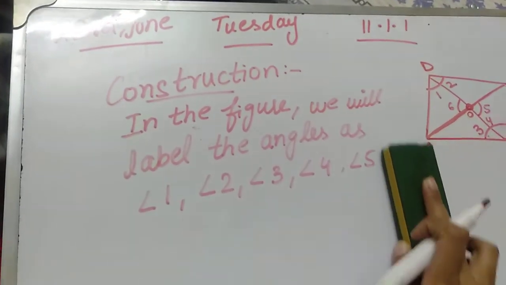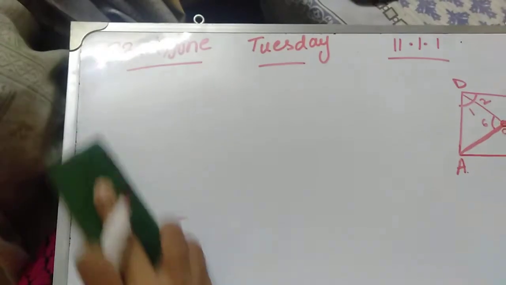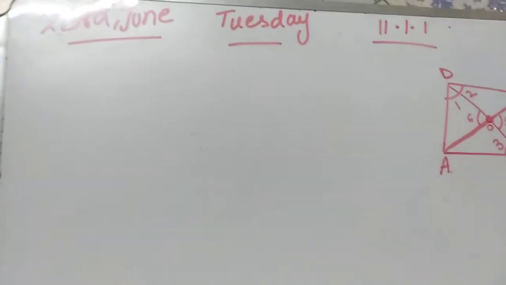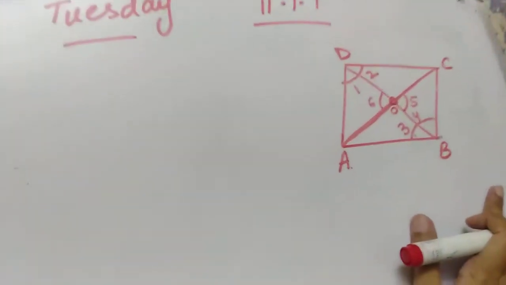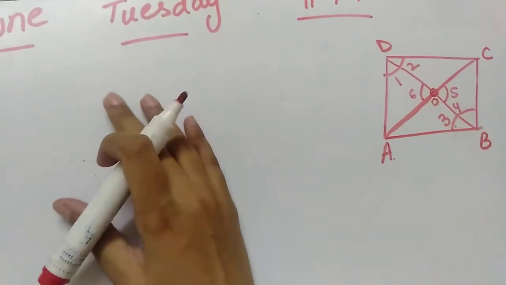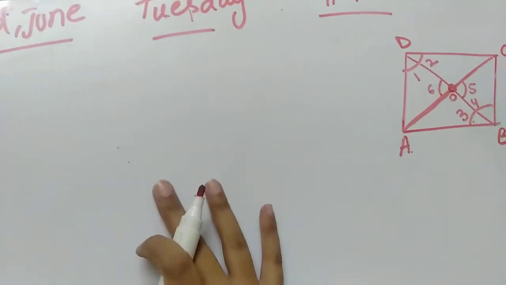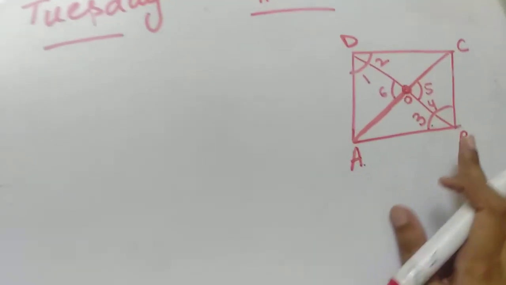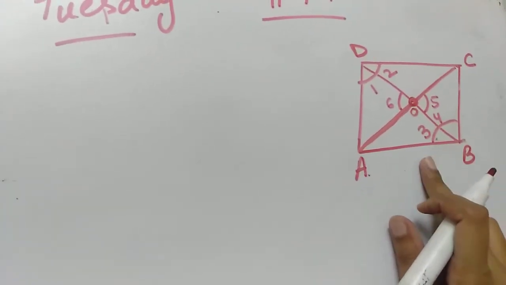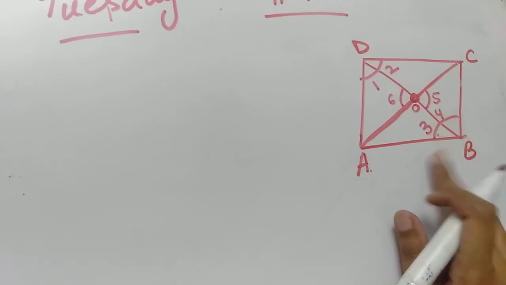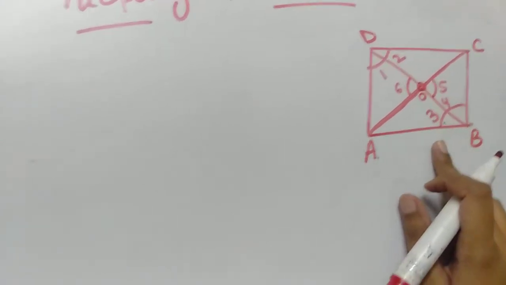Now we will move towards our proof statements and reasons. When you are practicing or understanding the proof statements and reasons, focus on the diagram, because all the points can be seen from the diagram.